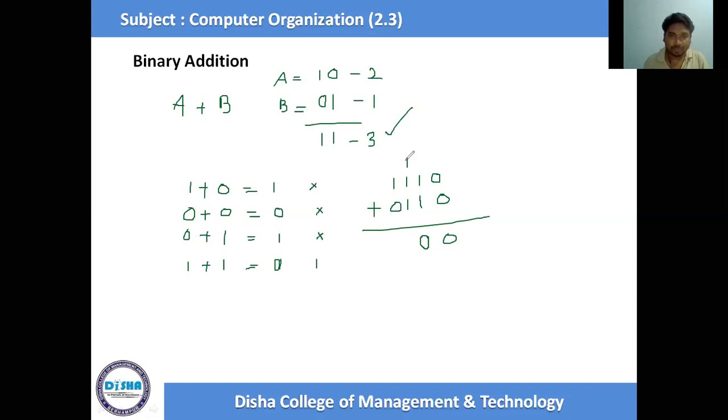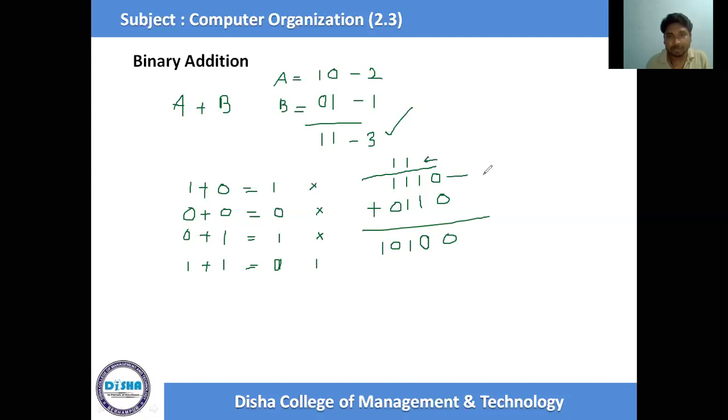For this case 1, 1 and 1, if we add the three, the sum is 1 and carry is 1. Now 1 and 1, the sum is 0, carry is 1. This is the carry, this is not part of the number.